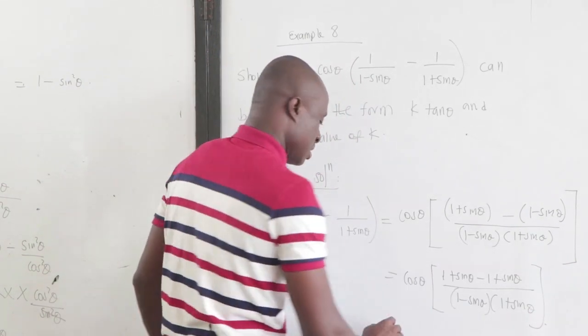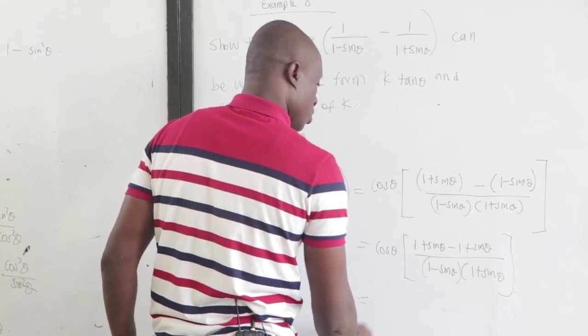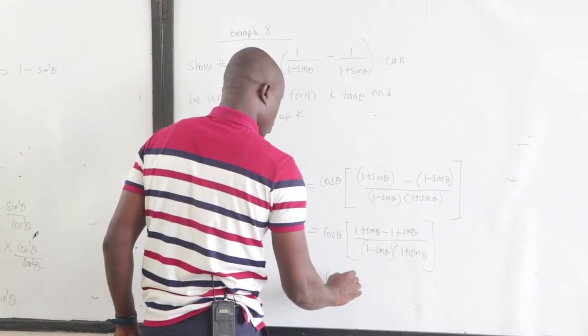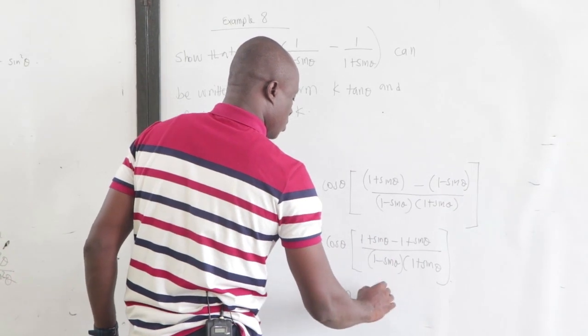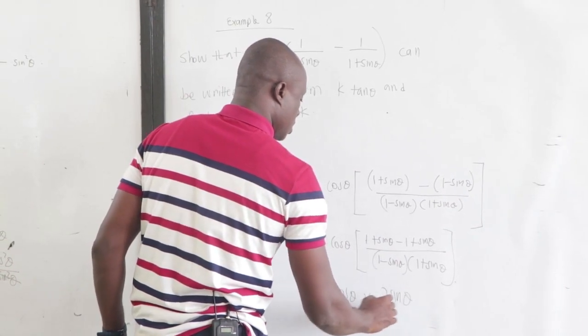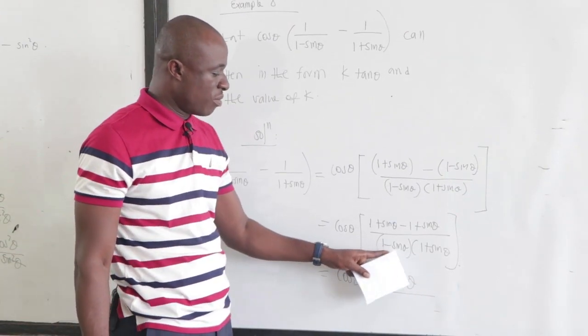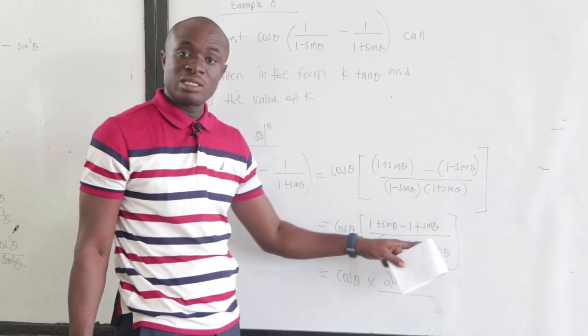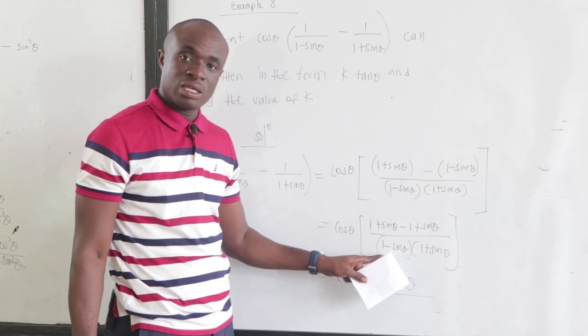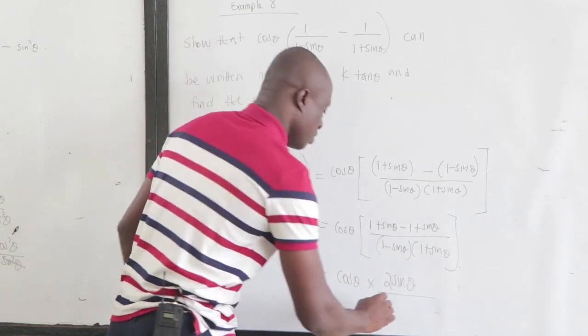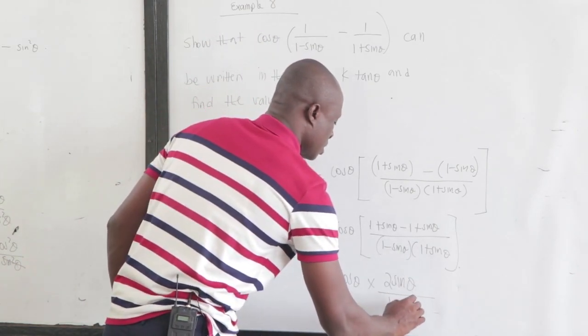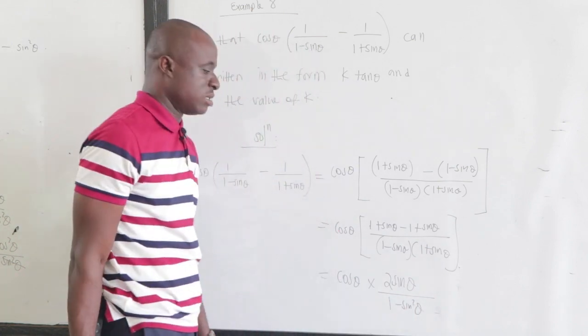Sine theta plus sine theta, that will be 2 sine theta. So you have cos theta times 2 sine theta all over, now let's see the denominator. We have 1 minus sine theta times 1 plus sine theta. This is difference of 2 squares. So we just take the negative, we square both. So you have 1 square minus sine square theta.